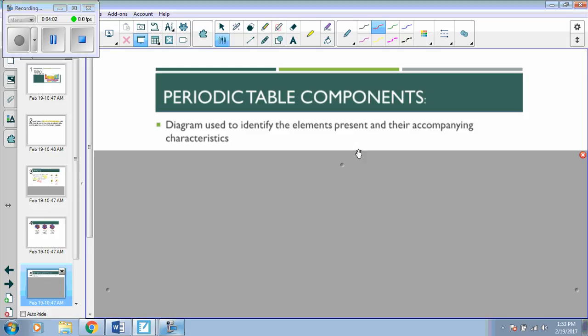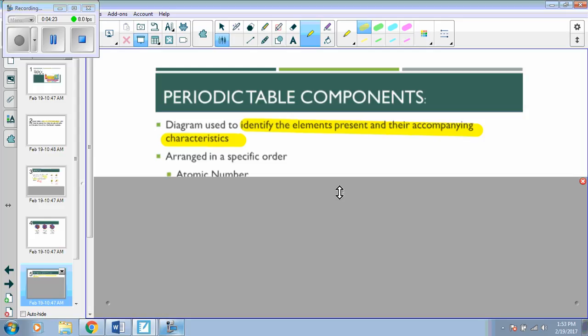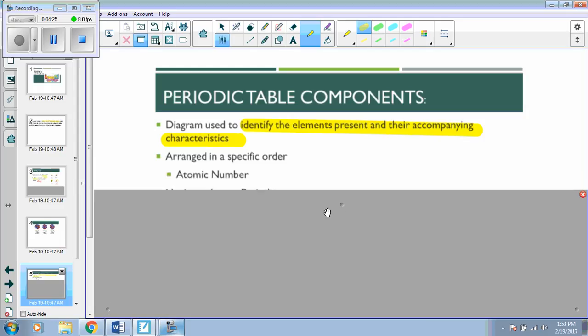Alright, periodic table components. The periodic table is simply defined as a diagram used to identify the elements present and their accompanying characteristics. What I'm talking about there is they're going to provide us with our atomic number, our element symbol, and our atomic mass. Your periodic table is arranged in a specific order, according to atomic number.